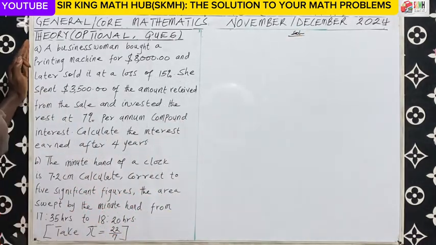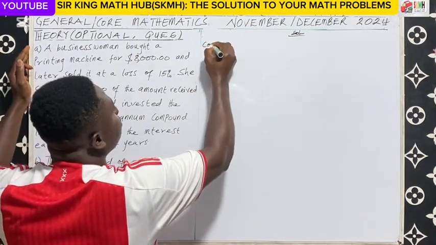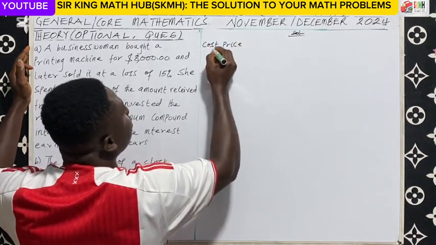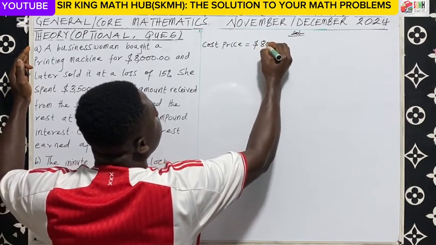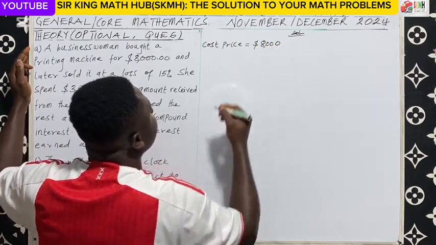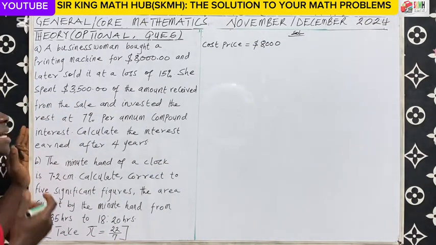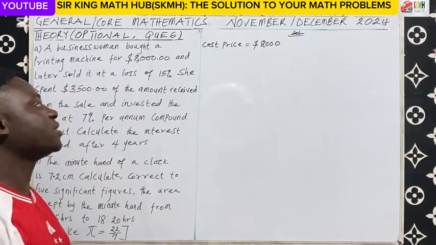So we know that the businesswoman bought the printing machine for $8,000. So that is the cost price. So we know the cost price of the printing machine to be $8,000. And now later she sold the printing machine at a loss of 15%.